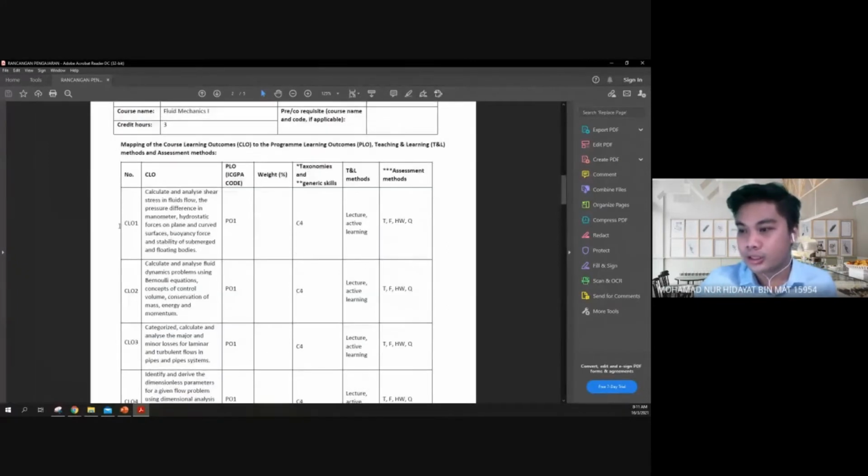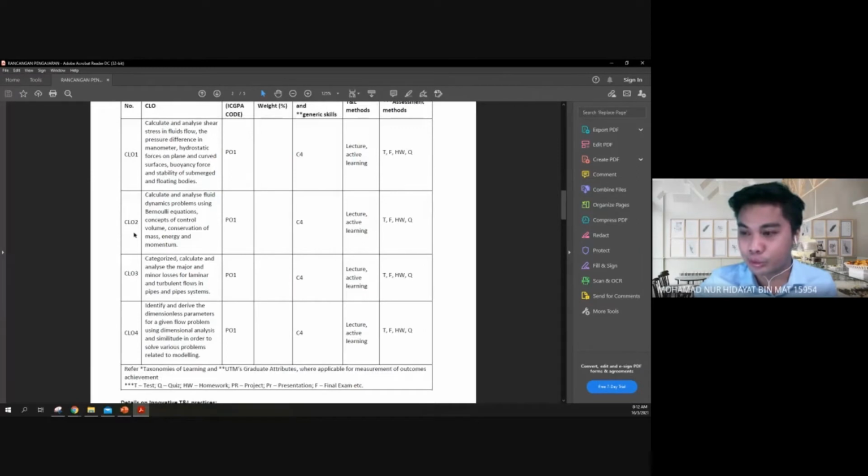Course learning outcome number 1 that we need to achieve this semester: calculate and analyze the shear stress in the fluid, the pressure difference in manometer, hydrostatic forces on plane and curved surfaces, as well as the buoyancy force and stability of a submerged floating body. So the first part of the semester, we're going to learn about CLO1.